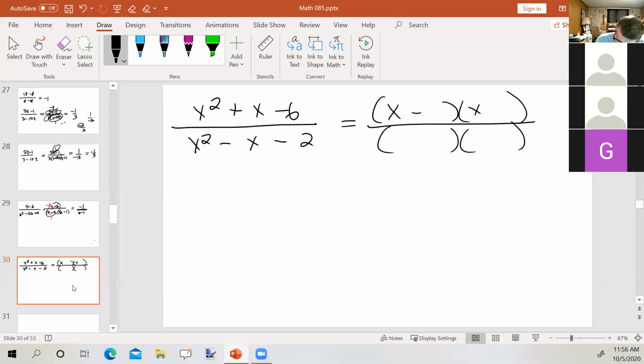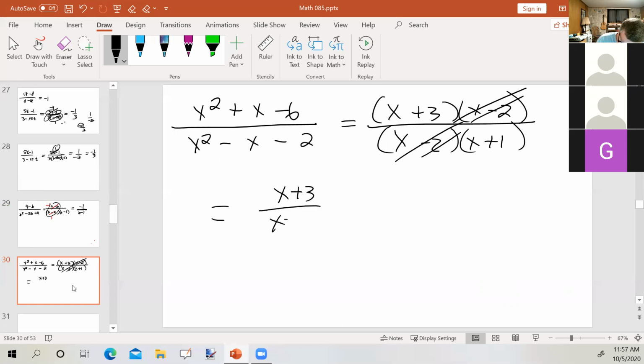Let's see, this is going to be x plus 3 times x minus 2. And I can factor the denominator, x minus 2 times x plus 1. And now I can reduce out the common factor and end up with that. Again, are you seeing how that's working? Yeah.